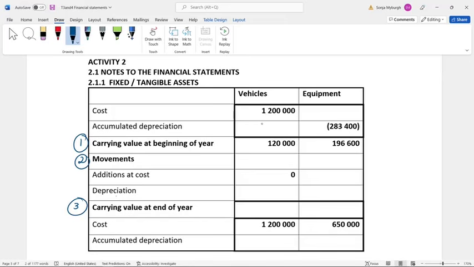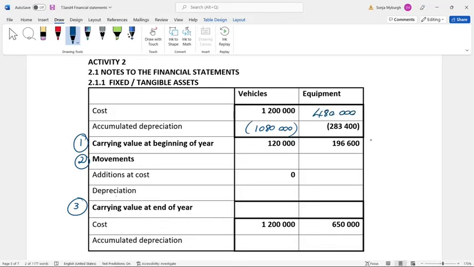Cost price minus accumulated depreciation will give us the carrying value. So the difference between those 2 will be my accumulated depreciation at the beginning. Cost price minus accumulated depreciation will give you the carrying value. 196 plus the 283 will give you the cost price at the beginning.